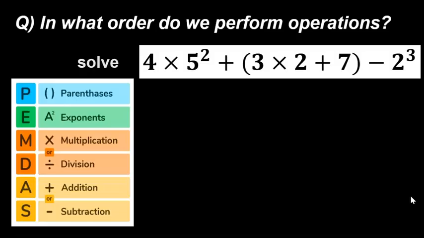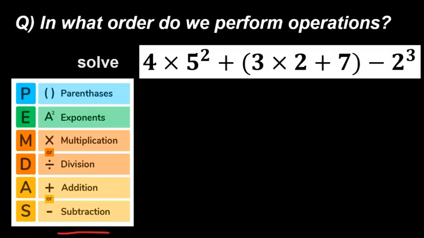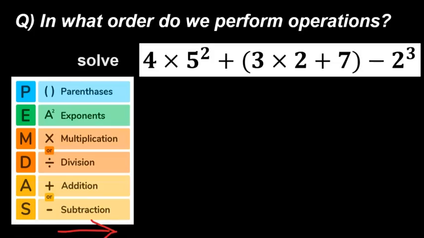And once you've reached where there's just addition and subtraction, they tell you go from left to right at the very end. After you finish parentheses, exponents, multiplication, and division, and you're left with just addition and subtraction, go left to right.